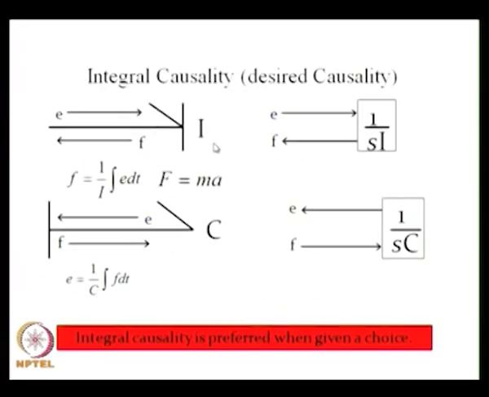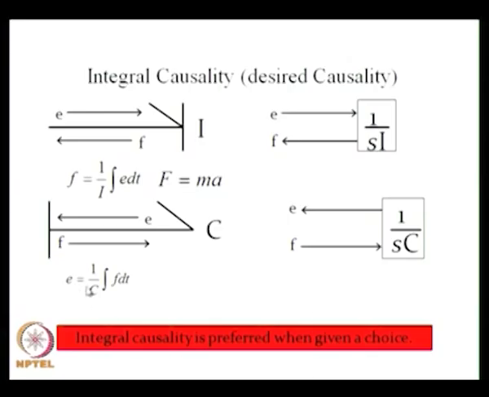So this is the relationship for I: F is 1 over I integral E dt, something similar to the relationship F is equal to MA. Here the effort is the input, so the effort is coming here and the flow is calculated here. F is 1 over I integral E dt, that is the integral relationship you are getting.